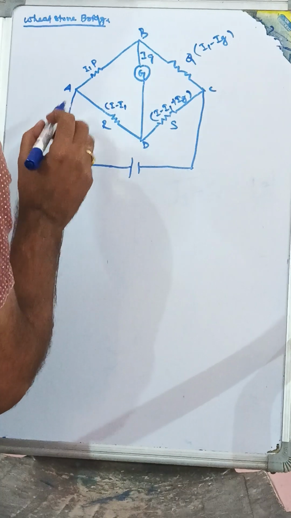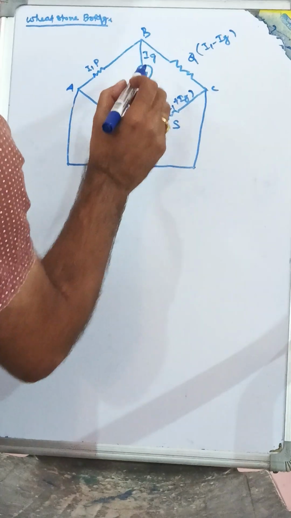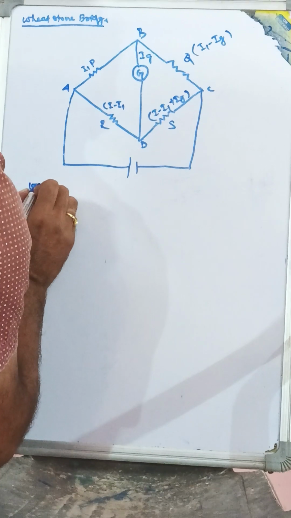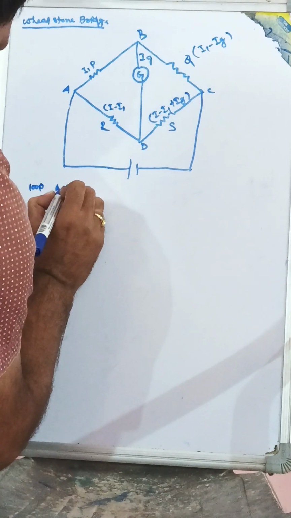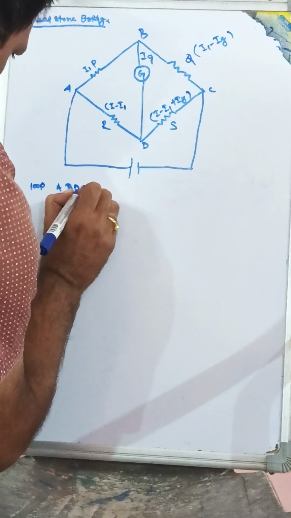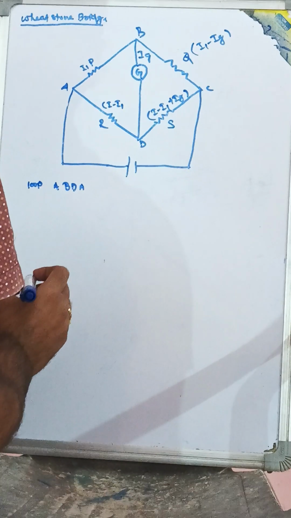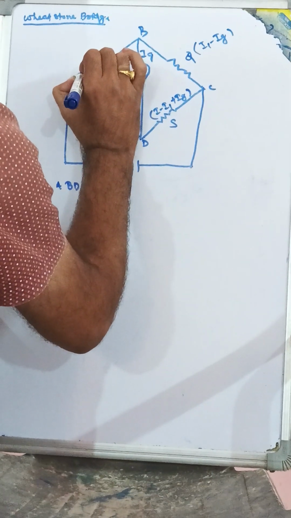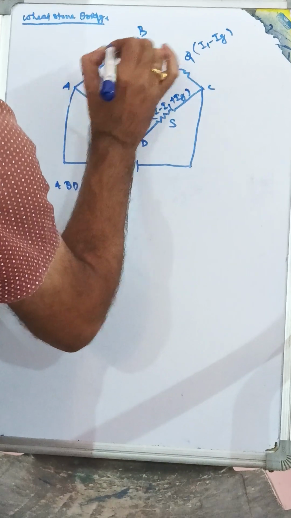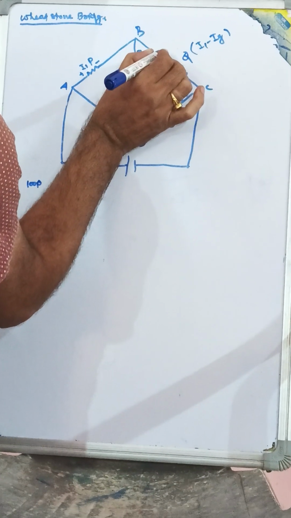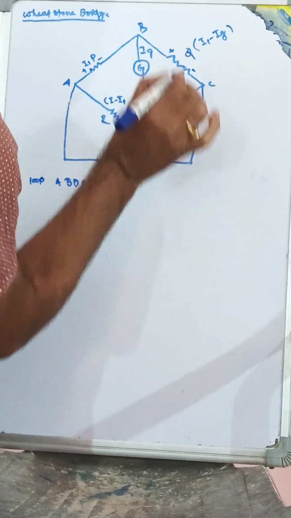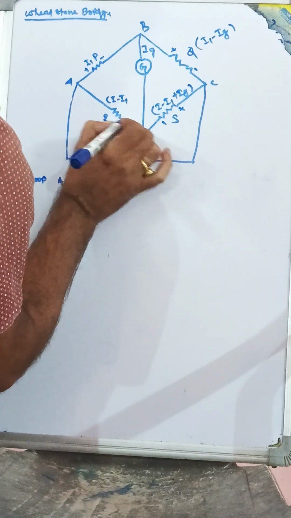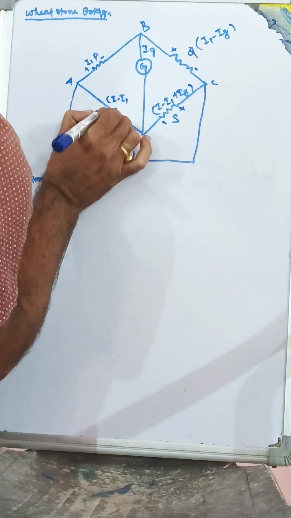Then loop ABDA. In loop ABDA, moving plus to minus, then plus to minus.